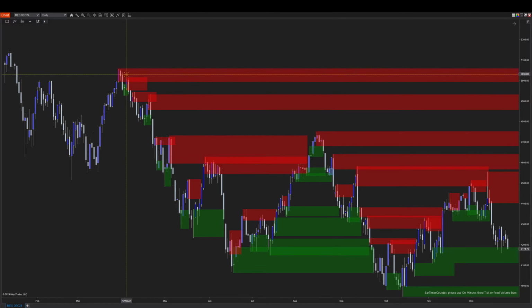Okay? When we look at the formation of a zone, we want to see what price did coming into it. So we had a large rally coming into it, and what price did going out of it. We had a large rally down coming out of it.